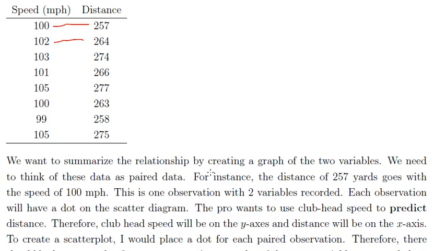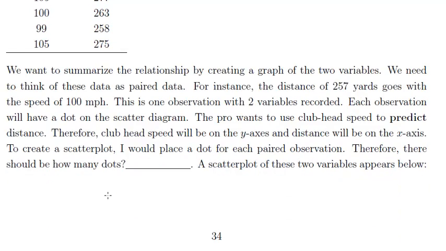So we're going to first talk about what we call scatter plots or scatter diagrams. And these are made on an X and a Y axis, and each pair of observations represents one dot on the scatter plot. So you'll have one dot at X equal to 100 and Y equal to 257.